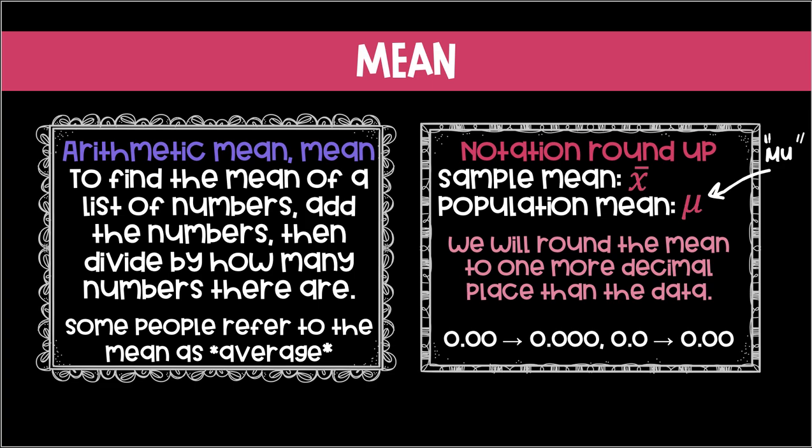And just so you know, we are going to round the mean to one more decimal place than the data. So if you have your data in whole numbers, you're going to round to the first decimal place. If you have your data set with 3 decimal places, you're going to round to 4 decimal places, and so on.